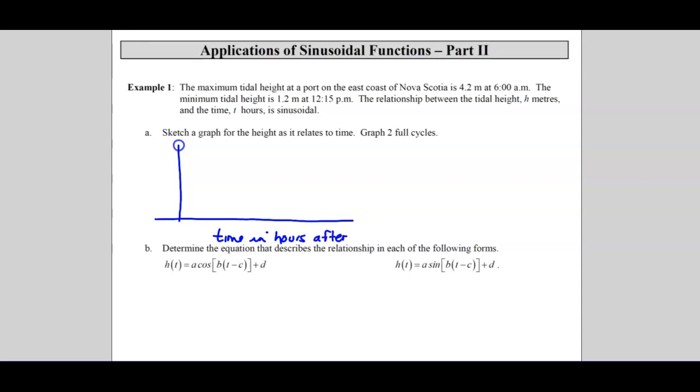So I'm giving you a little hint here of what your horizontal axis can be. Right? So here, at time 0, that's midnight. Then we want 6 a.m., let's say it's here. That'll be 6 hours. And that's a maximum tidal height of 4.2.